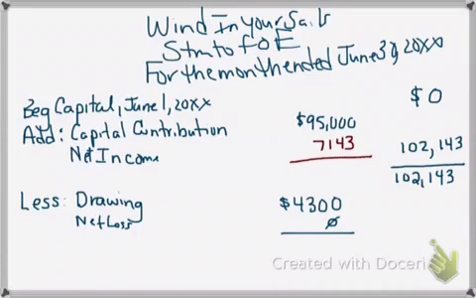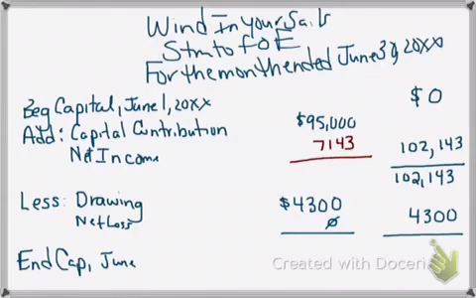I then can total those two amounts, and I get the $4,300, and then I get the ending capital balance as of June the 30th. And that is going to be the $102,143 less, which means minus, the $4,300, which will give me $97,843. And again, dollar sign and double underline.